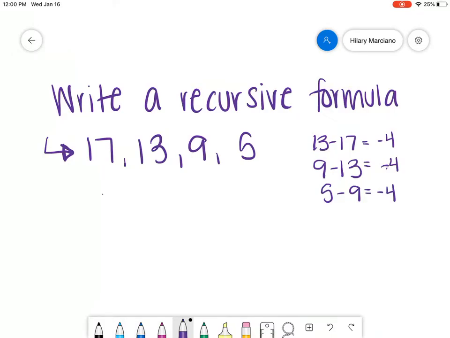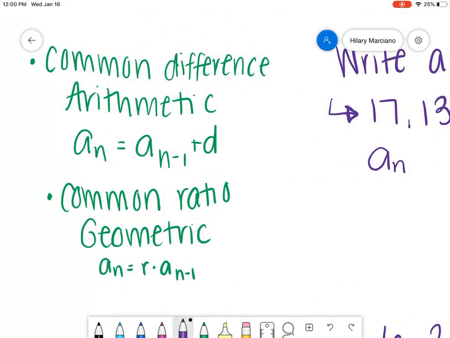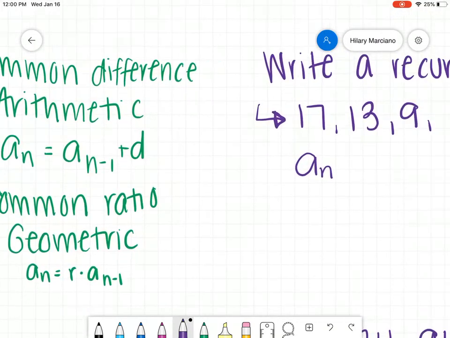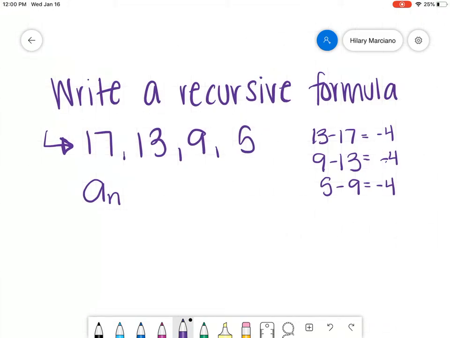So then we're going to use the formula that was just right over here, right? So a sub n equals a sub n minus 1 plus d. So our difference is -4, and our first term is 17, right?